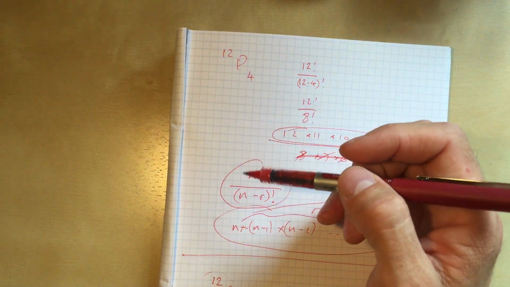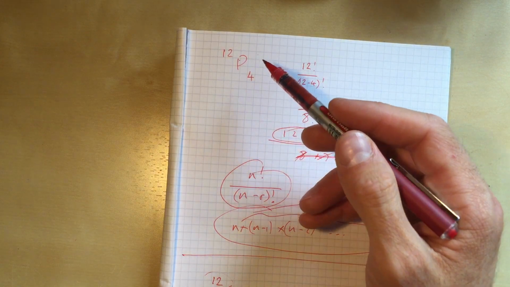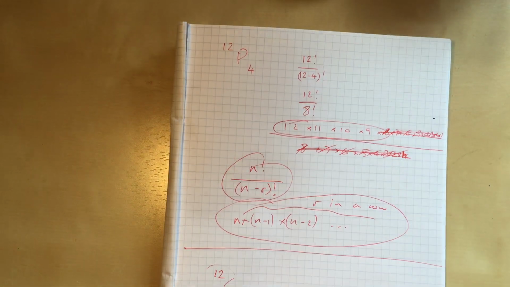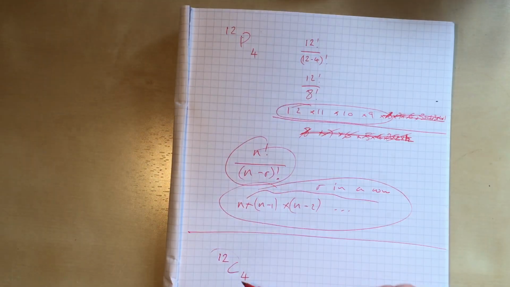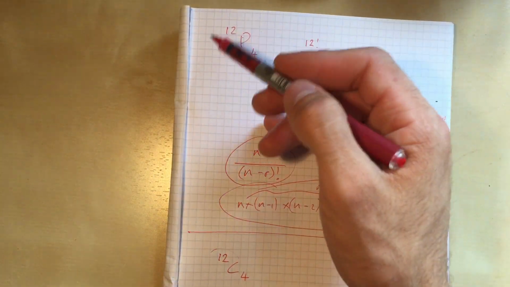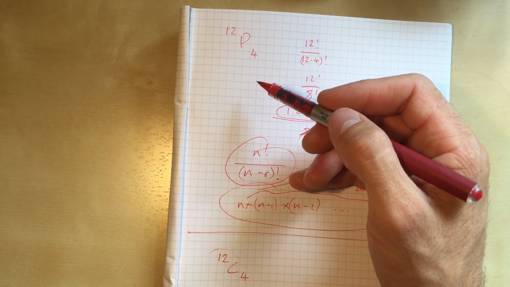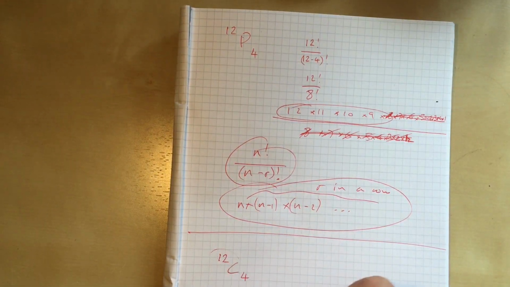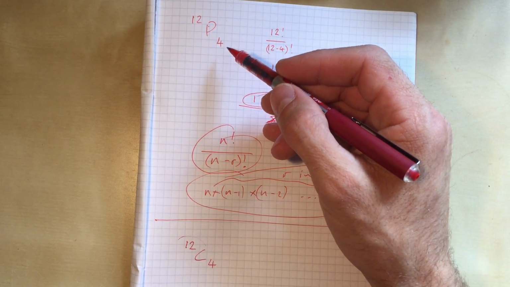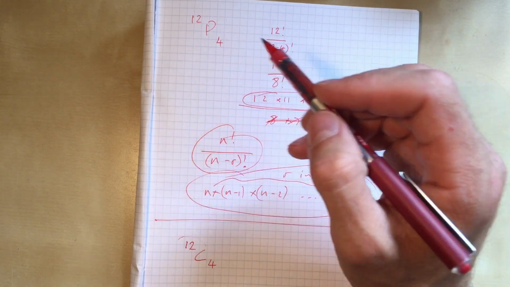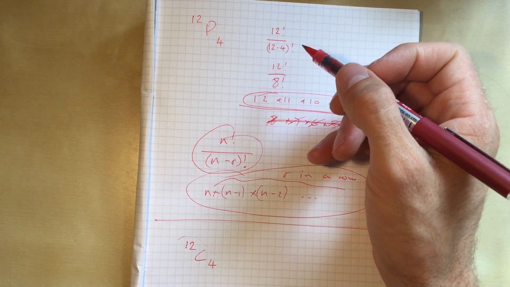If you work out how many ways you can arrange each team into a queue, then that is how many times I've counted each queue. So if I divide this number by how many different ways there are of arranging each team into a queue, then I'll get this number. Okay, and we know that already. If we've got 4 people in the team, then I can arrange them into 4 factorial different queues, can't I?